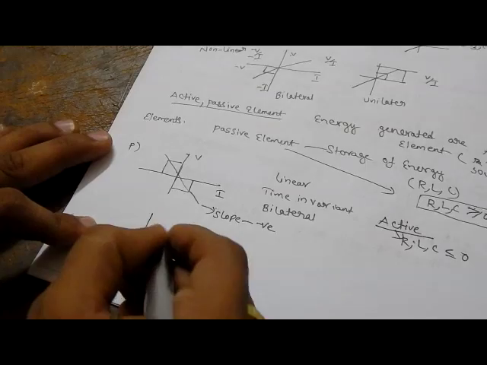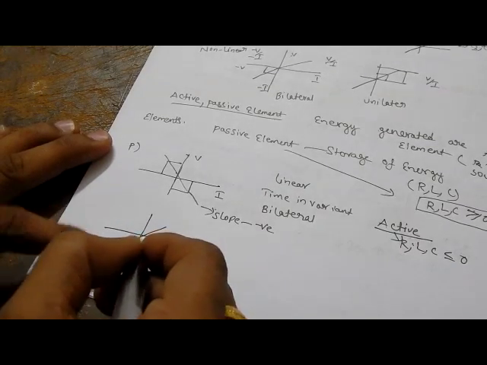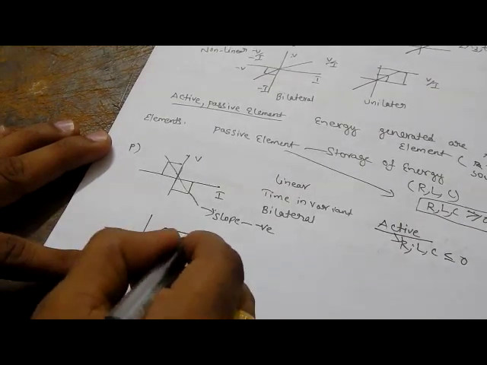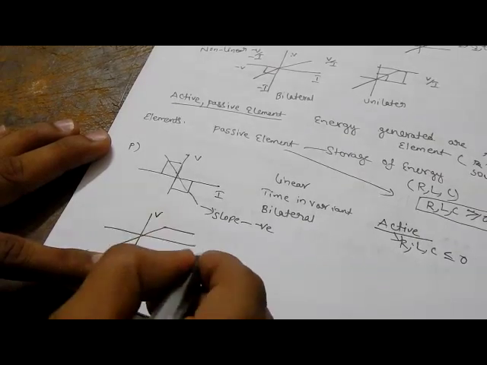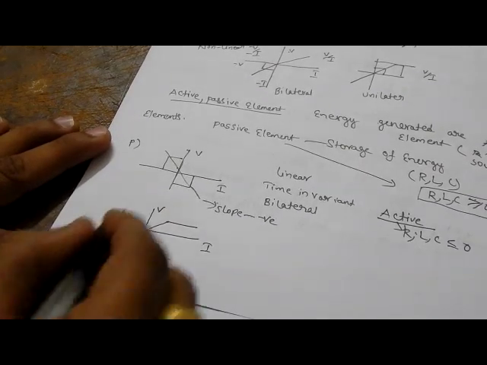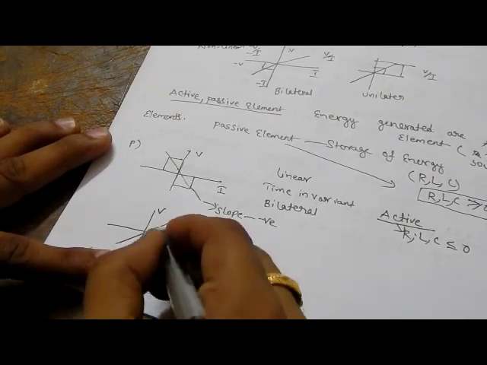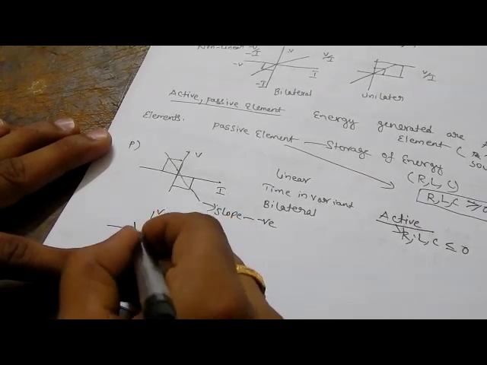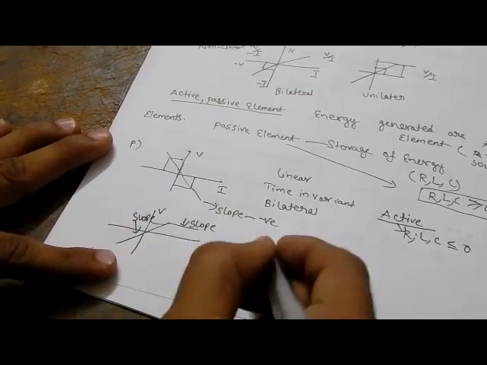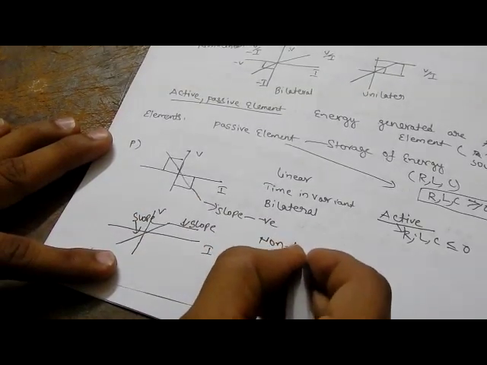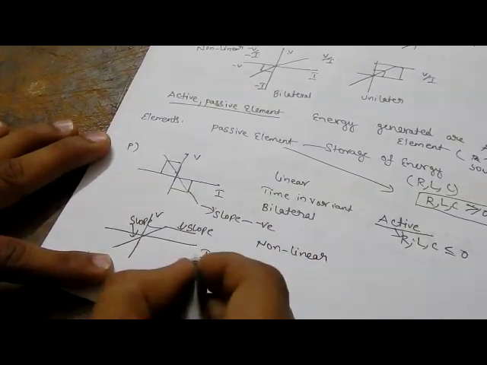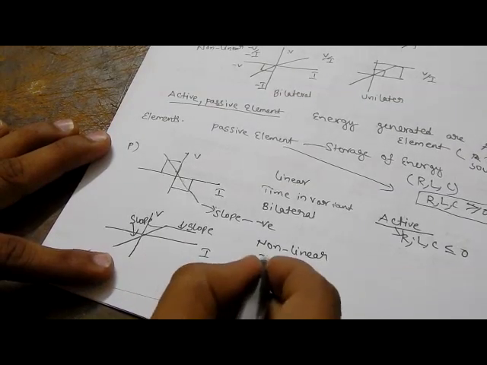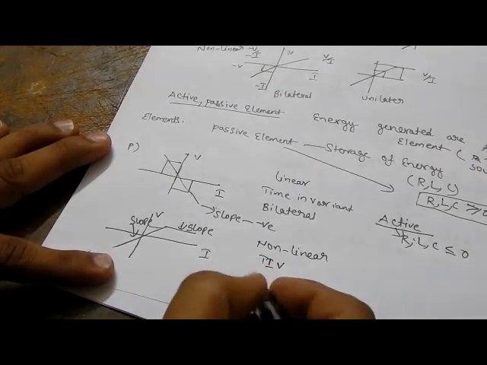Now see another problem. This is the VI characteristic. If you see, it is not linear. You are having two slopes, one slope here and another slope here. So this is non-linear. What about the time? It is time invariant.